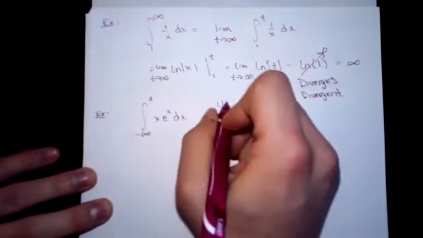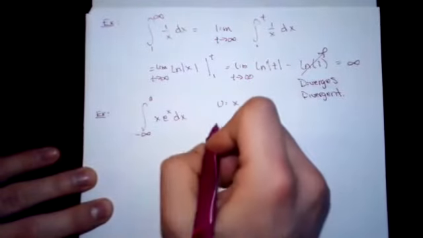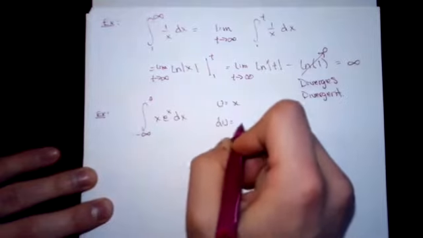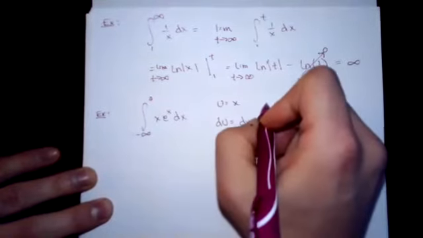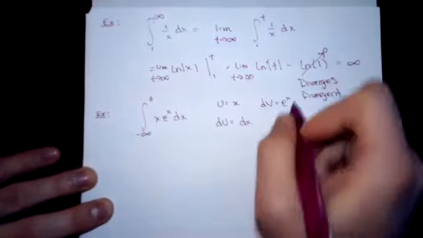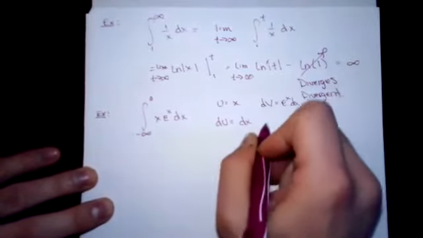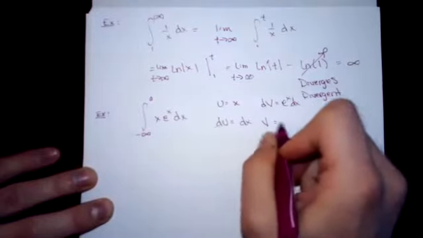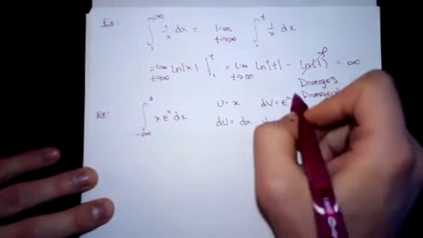So let's make our u our x, our du is just dx, our dv is e to the x dx. So our v is e to the x.